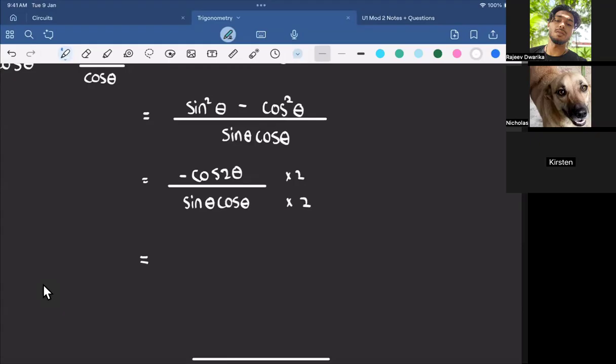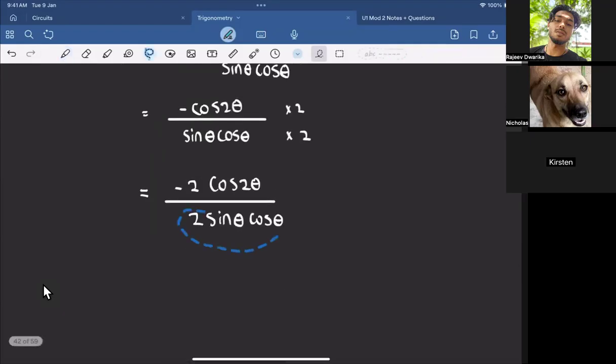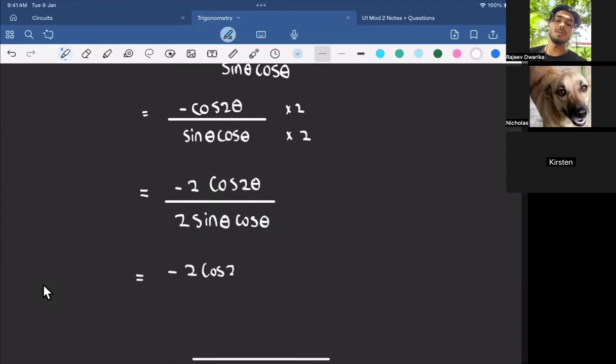So let me try something. What if I multiply the top and the bottom by 2? I end up with minus 2 cos 2 theta all over 2 sine theta cos theta. And what we know 2 sine theta cos theta is, that is sine 2 theta.